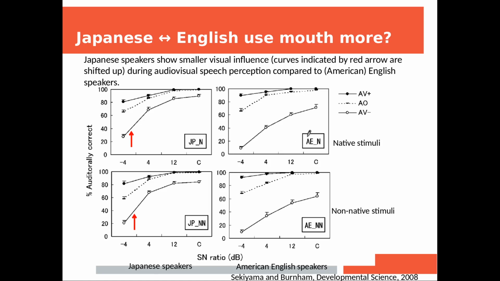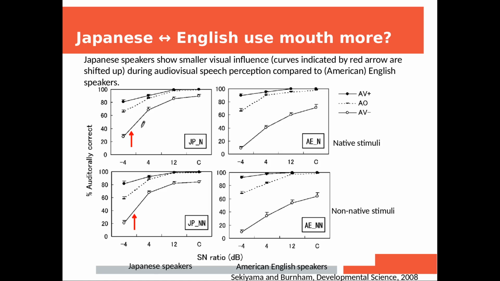I know a lot of you are native Japanese speakers, and so actually you might not have this effect as clearly as someone who is a native English speaker, because there's a lot of evidence showing that in Japanese, a language where people don't move their mouths very much, a lot of very different sounds have similar looking mouth movements.